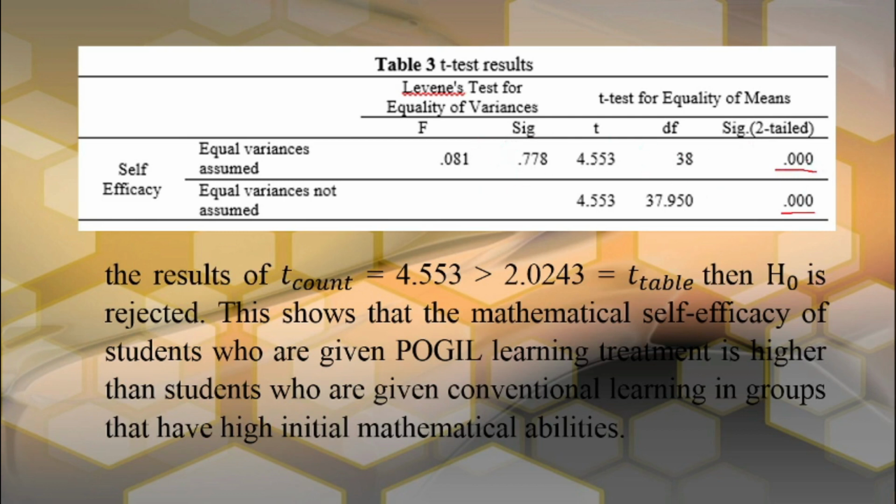We see the significance total, and the t count is higher than the t table, then H0 is rejected. This shows that the mathematical self-efficacy of students who are given POGIL learning treatment is higher than students who are given conventional learning in the group that has high initial mathematical ability.